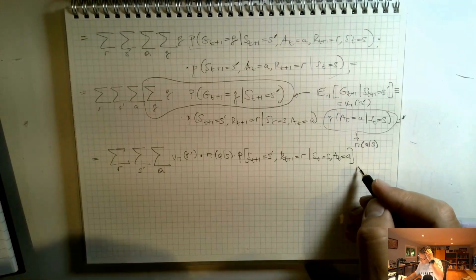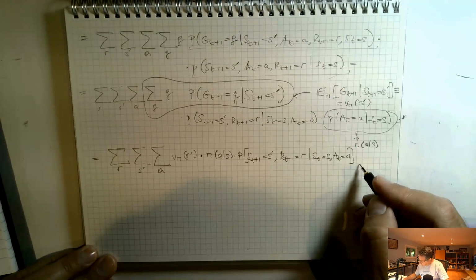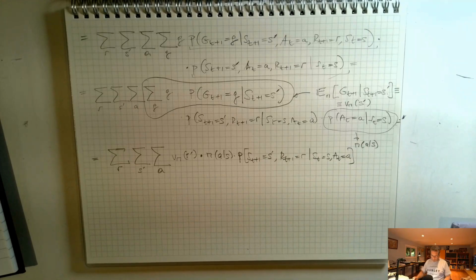And this is basically the conclusion as far as the second term of the v pi of s expression that we started with.